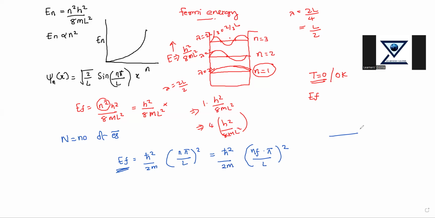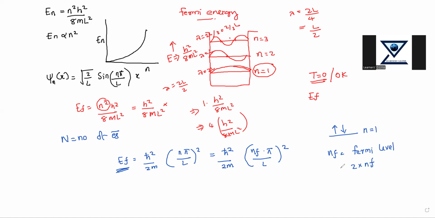If n is equal to 1, if the principal quantum number is 1, according to Pauli's exclusion principle, one upward spin and one downward spin is possible there. Then if n_F is the Fermi level, in each level 2 into n_F number of electrons is possible.